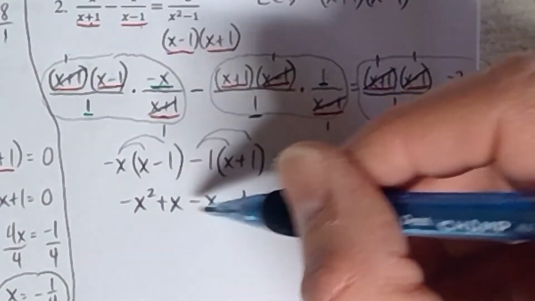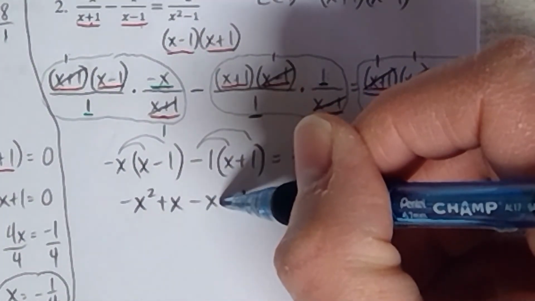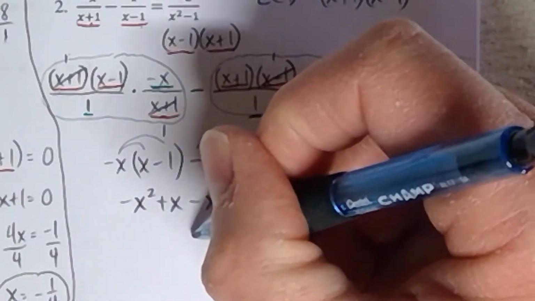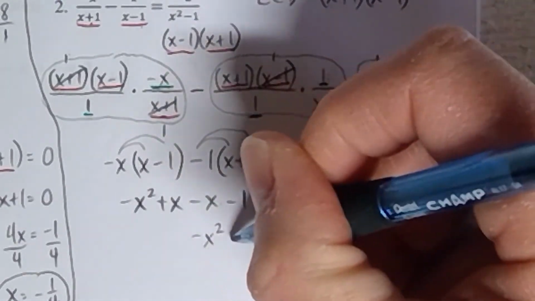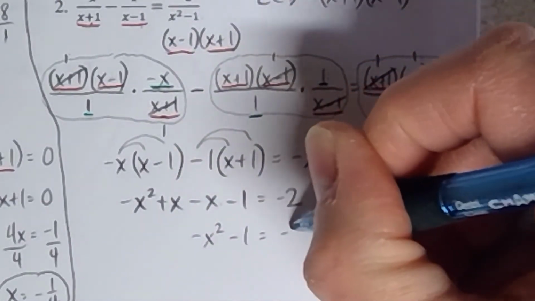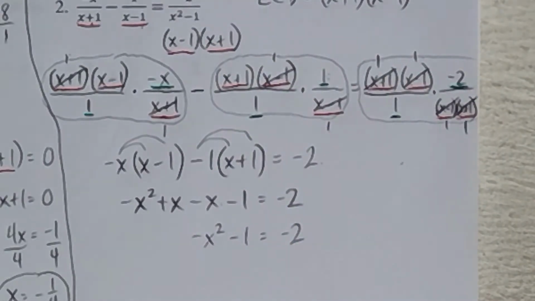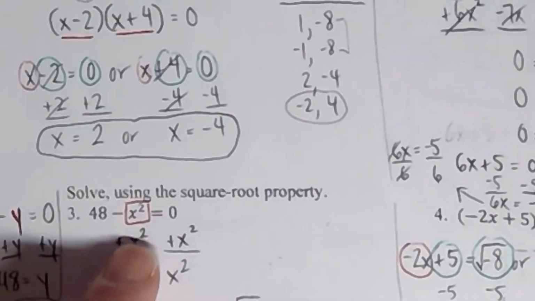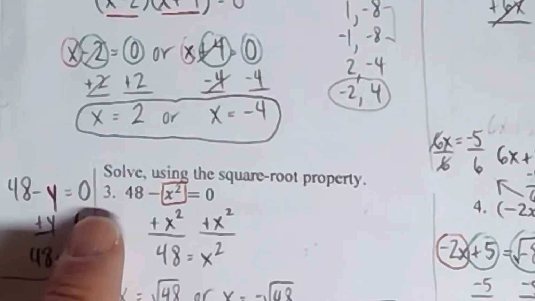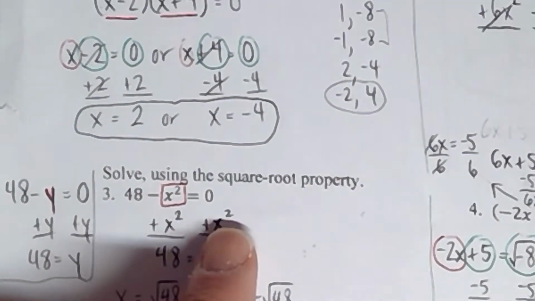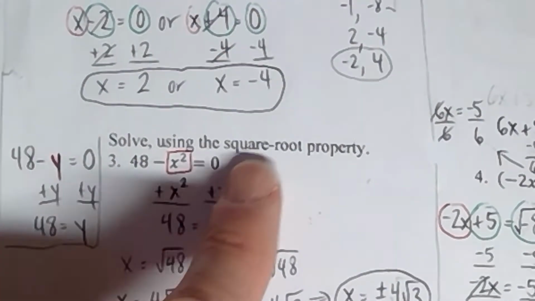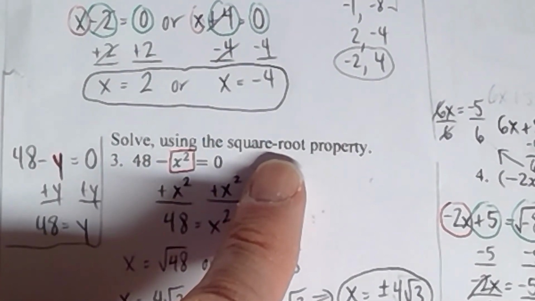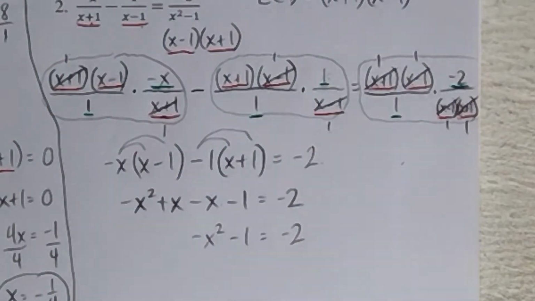But notice that these terms are going to cancel when I combine like terms, right? So this is one of those problems where I just have an x squared term, but then no other x terms. So that's the one where, let me remind you from our previous video, when you have just an x squared term and then all the other terms don't have any variables in it, that usually means you can do the square root property. Okay, so that's what I'm going to do here.